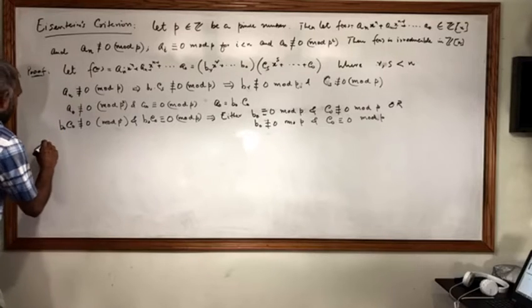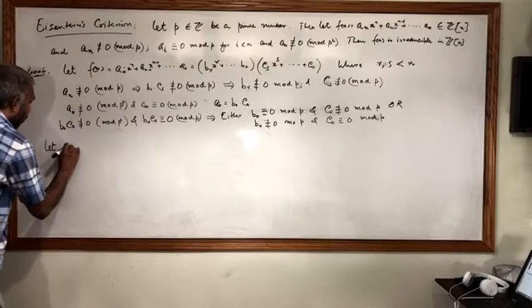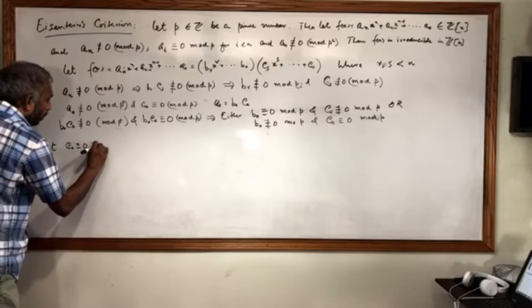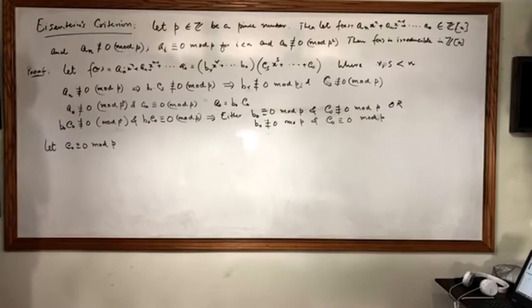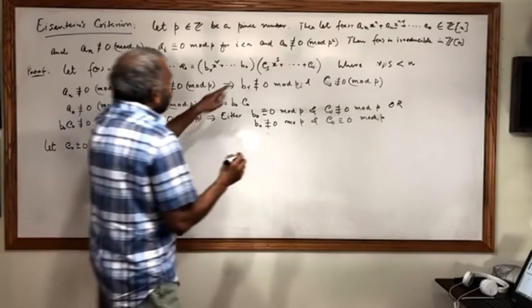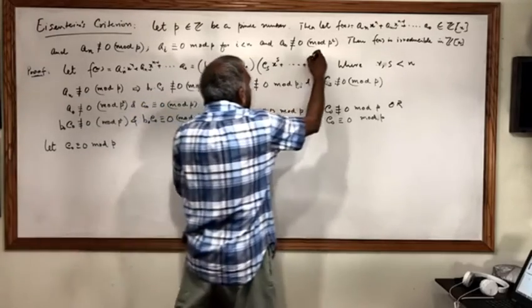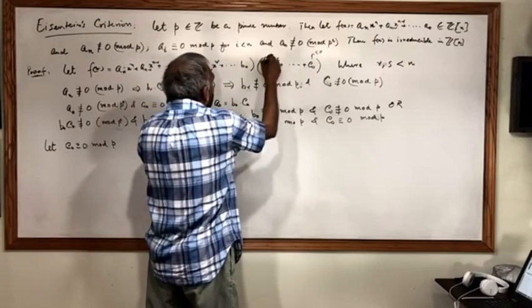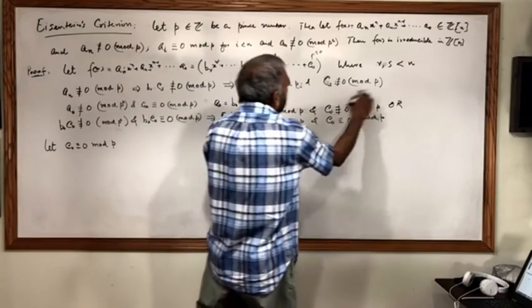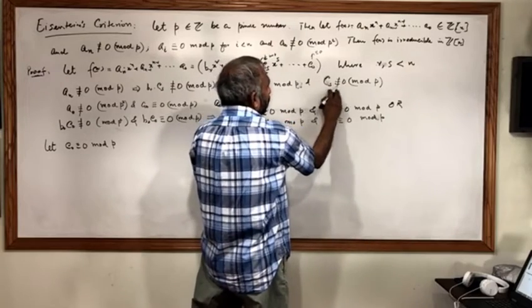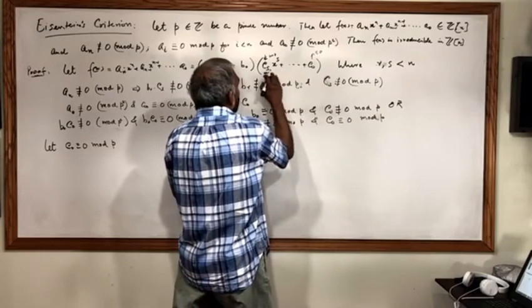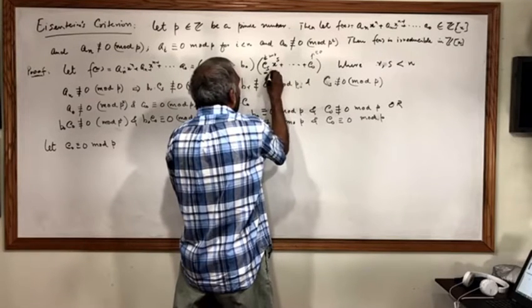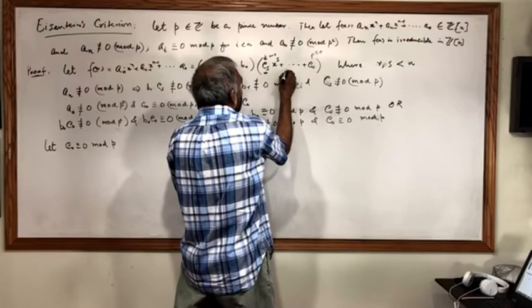So what we will do is, let c0 be congruent to 0 mod p. Okay, so once you consider this one, this is 0 mod p, but this is not 0 mod p. See, cs is not equal to 0 mod p, but this is 0. So there will be some lowest cs.